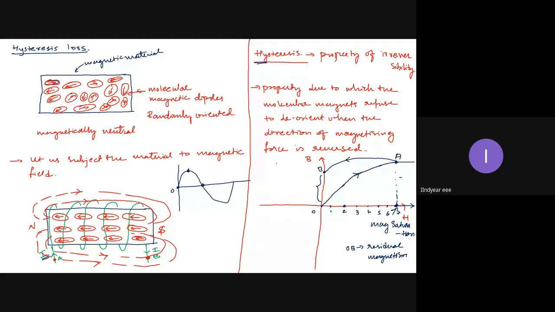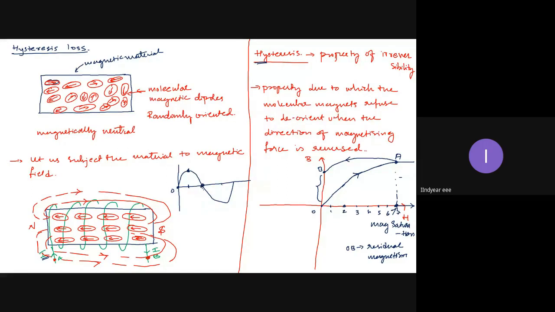In one half cycle, this is the curve obtained. When current was increasing from 0 to maximum up to 90 degrees, the magnetic flux density increased to some value. And when current started decreasing from maximum to 0 in the next 90 degrees, the demagnetizing curve is not following the magnetizing curve.